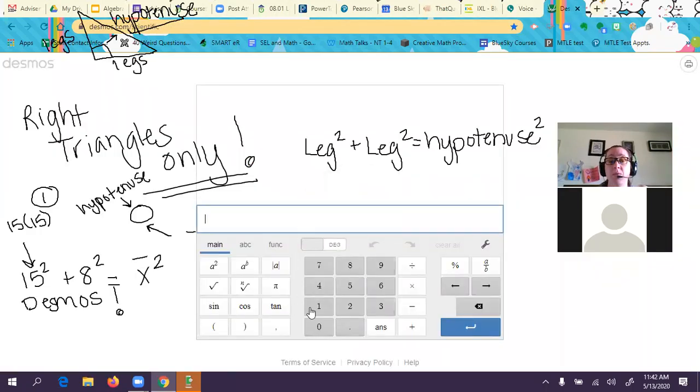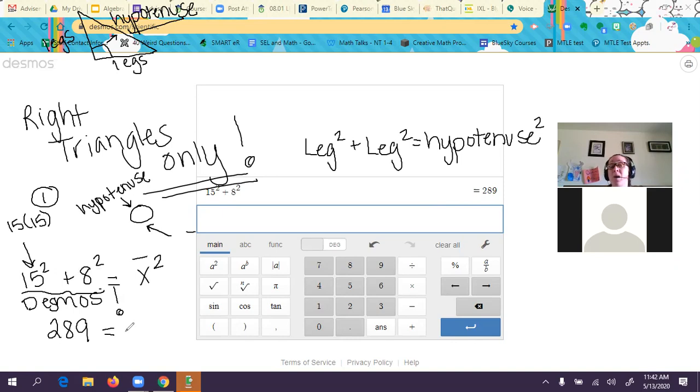First, we type in 15 squared plus 8 squared and hit enter. And we can see that gives us 289. And that is what we get when we evaluate the left side of the Pythagorean theorem.